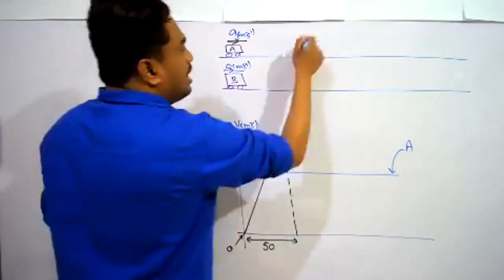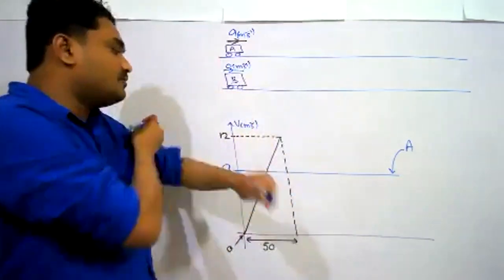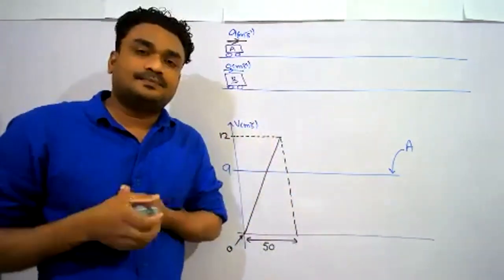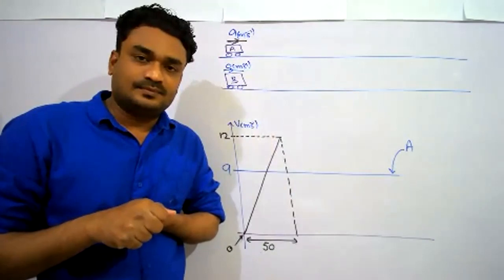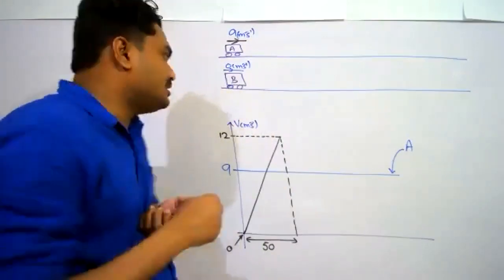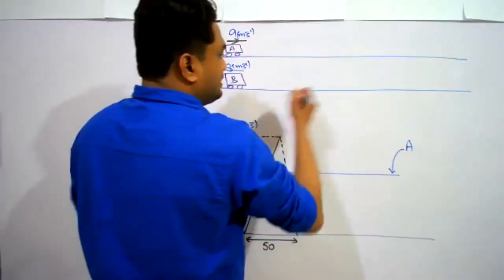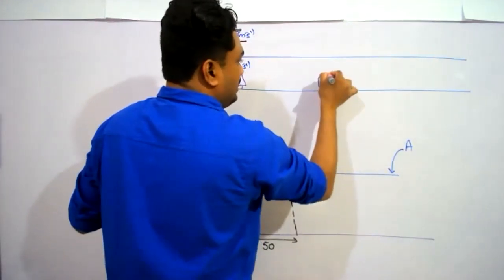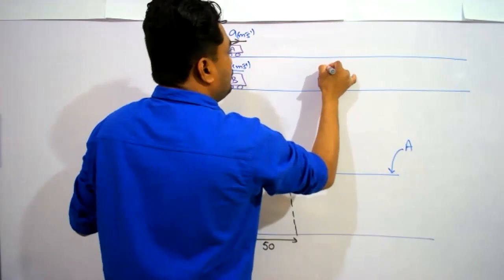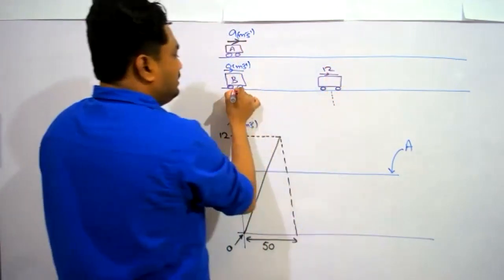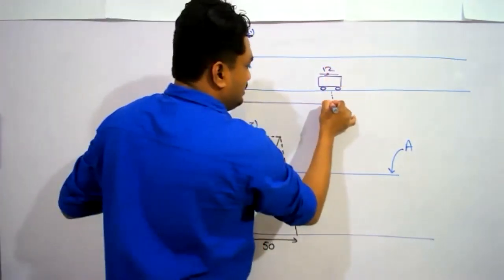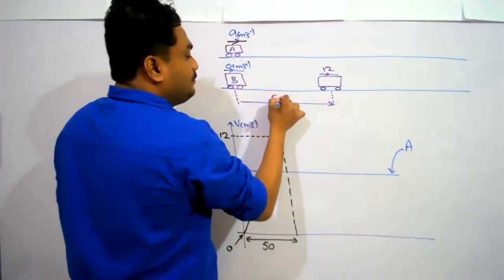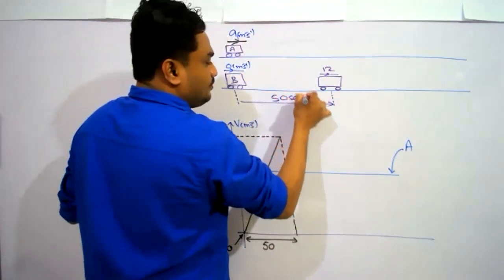After 50 seconds, what is the velocity of B? 12. After 50 seconds, let's say B is somewhere here. I don't know the position of A. It has a velocity of 12 after 50 seconds.